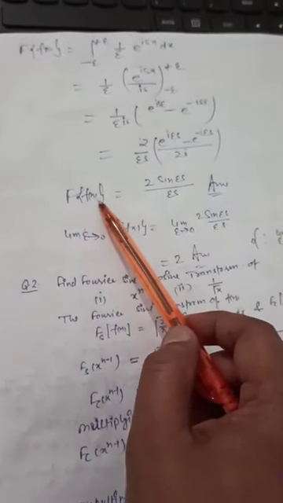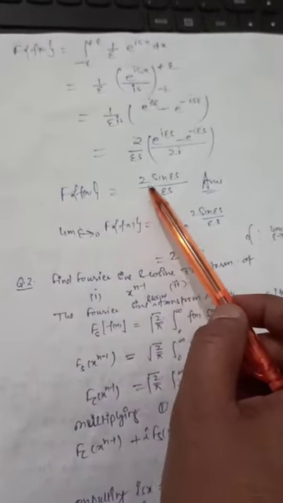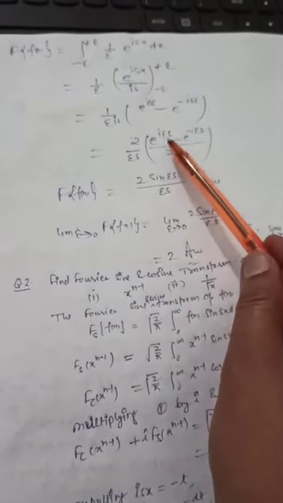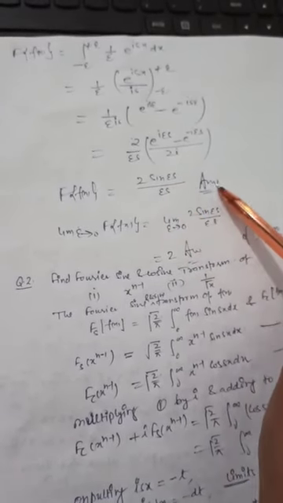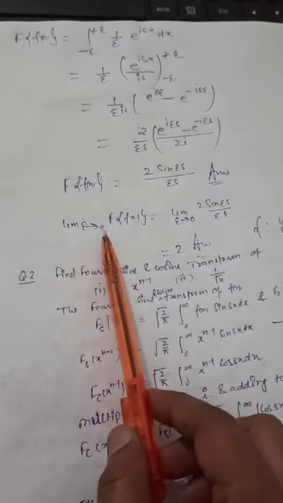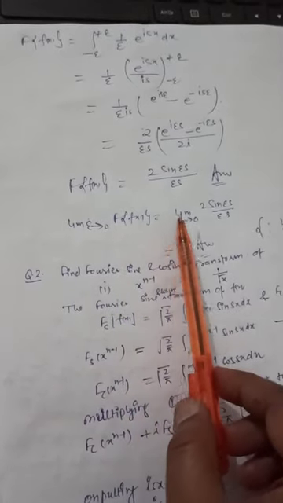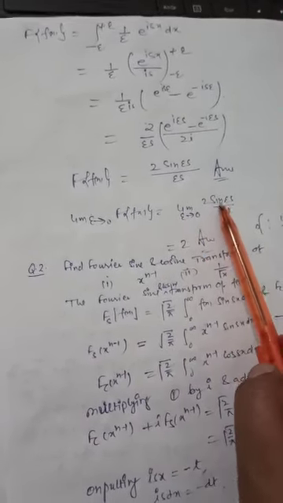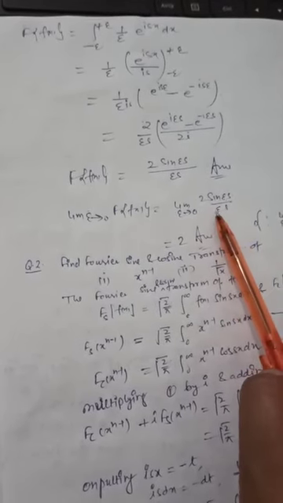So the Fourier transform of f of x is equal to 2 sine of epsilon s upon epsilon s. This is the answer. And what happens if the limit epsilon tends to 0? The Fourier transform of f of x is equal to the limit epsilon tends to 0 of 2 sine epsilon s upon epsilon s.